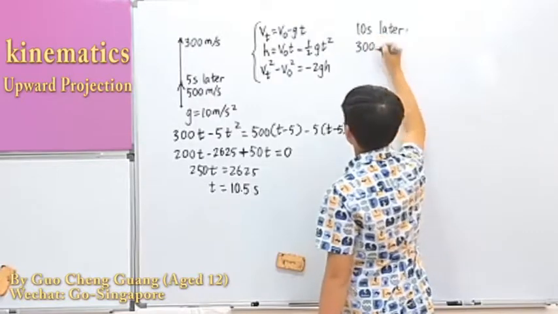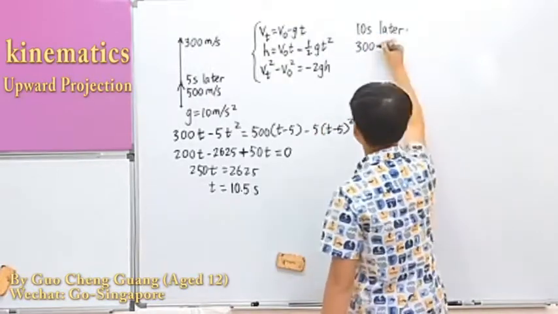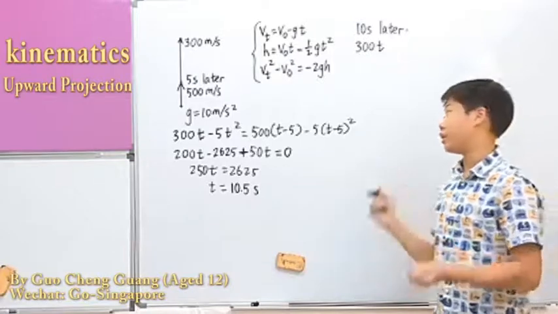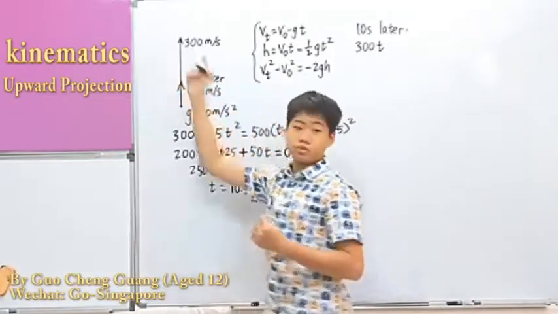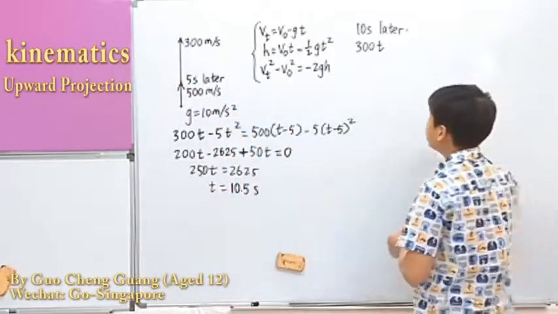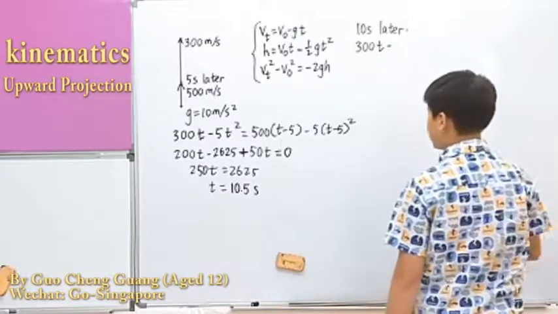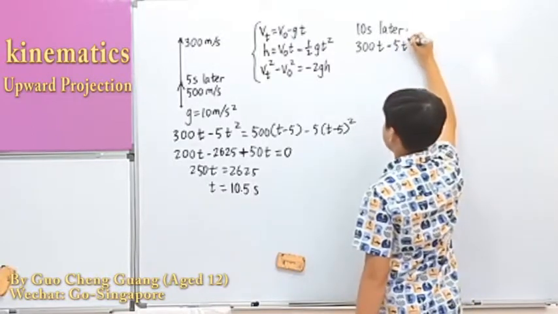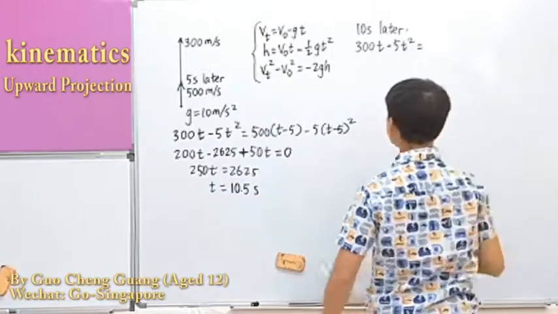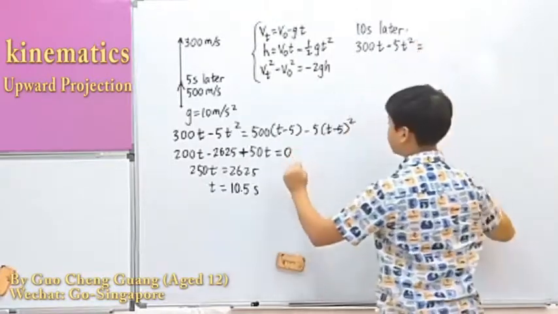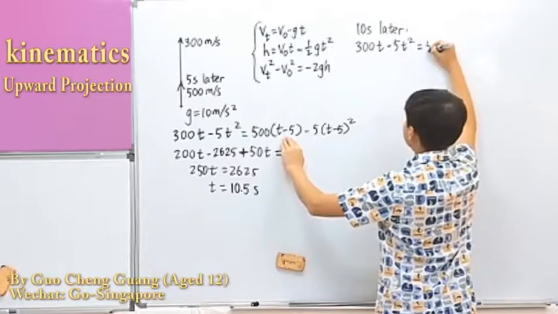So the first one, 300. Or you can still use t if you're calculating for the time that starts with the first bullet. Then you subtract. So this part behind is still the same. Then after that, this is 10 seconds later, so you need to subtract 10.